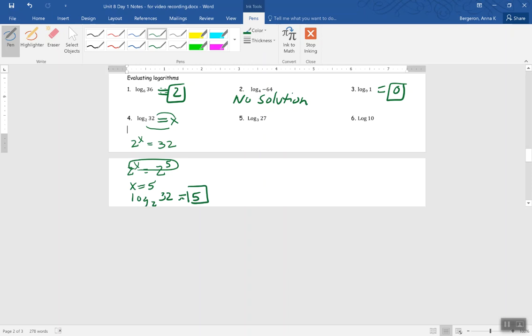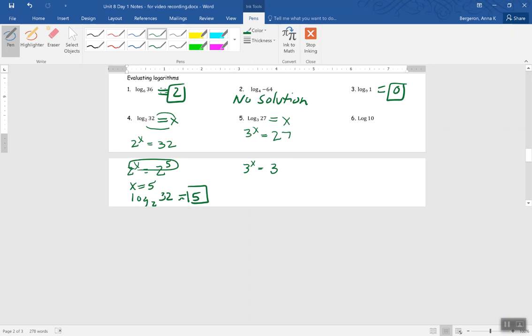All right, let's try the next one. So if I set this equal to x, I have 3 to the x power equals 27 when I rewrite that into exponential form. So then again, I need my bases to be the same. So this base is 3, so I want this base to be 3. So 3 to what power gives me 27?